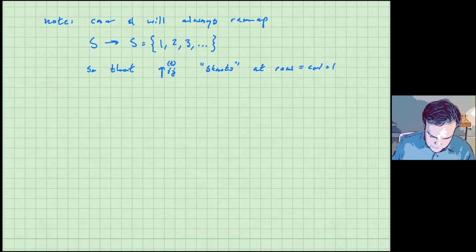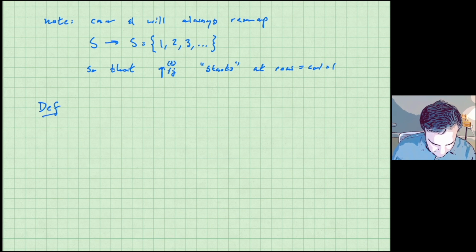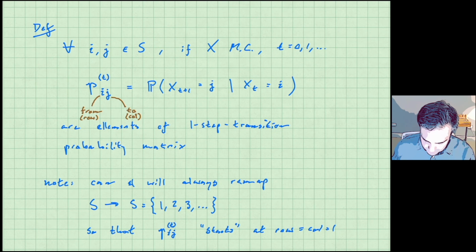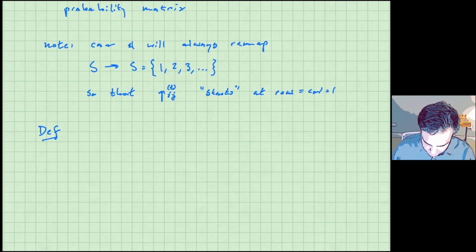Okay, and now I'm just going to make one definition and we're done. So just a quick thing. I'm going to say that a Markov chain is called homogeneous if there's no dependence on t on the left-hand side.